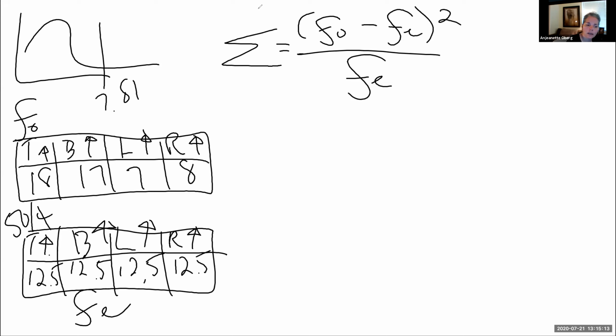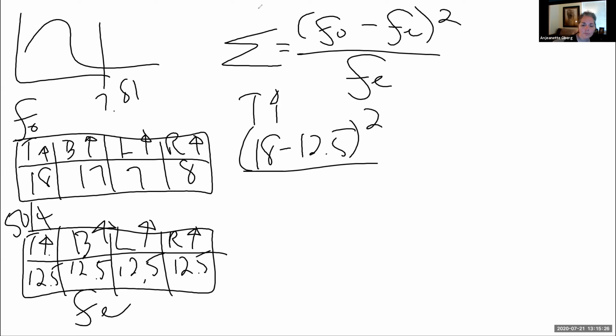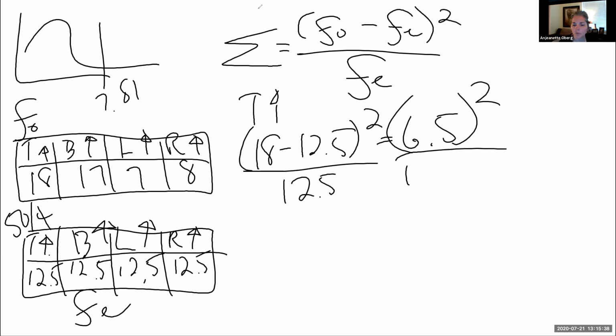So let's look at first top up, okay? The observed frequency is 18 minus 12.5, the expected, squared, divided by 12.5. And if I do that, it's going to equal 6.5 squared divided by 12.5.